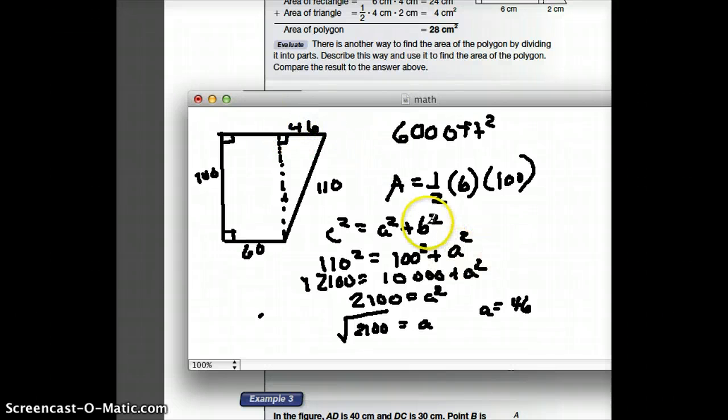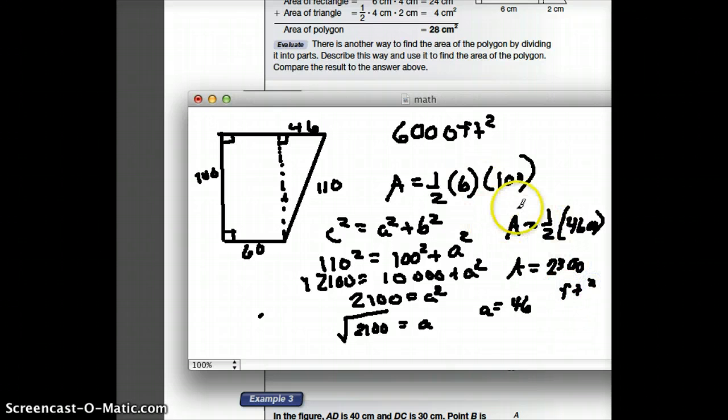And you're not done. You need to find the area of that triangle. So area is 1/2 base, which is 46, times height, which is 100. 46 times 100 is 4,600. Half of that is 2,300 feet squared.